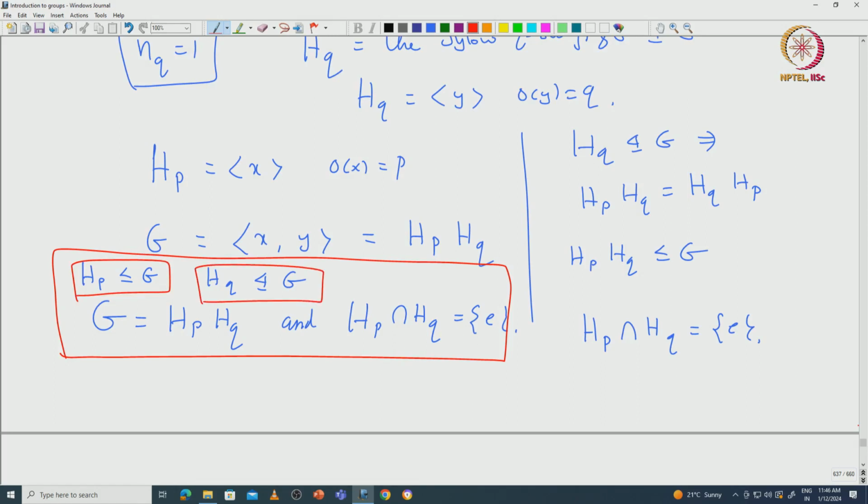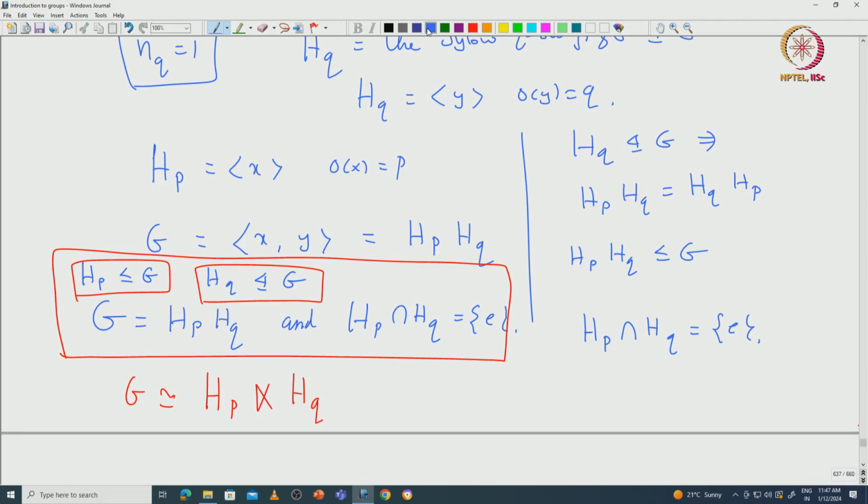Such a situation we call a semi direct product of these two groups. Indeed, we say in this case G is the internal or inner semi direct product of HP and HQ, and we denote this by HP semi direct product HQ.